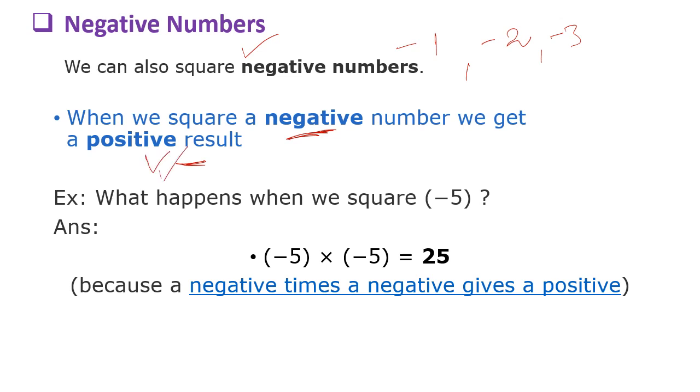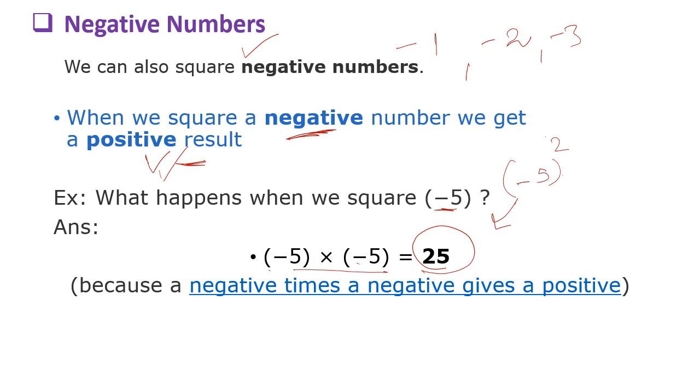For example, if I have to find the square of minus 5, I write minus 5 squared, and it will be equal to minus 5 into minus 5. Minus into minus is equal to plus, so the result will be 25. So I can say for a positive number and the negative of that number, the square will always be the same.